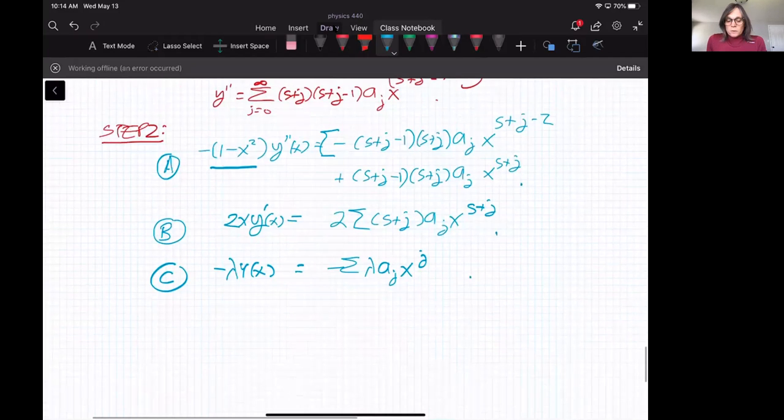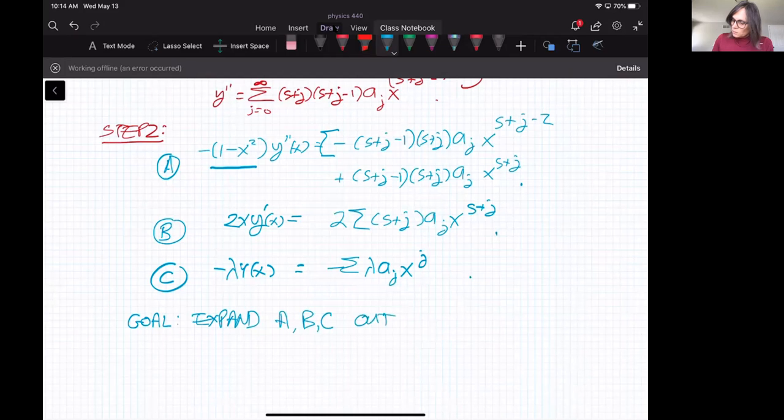And what you're going to do in your groups is make, I suggest, a table, but you don't have to make a table. I want you to expand each of these terms. So your goal is to expand A, B, and C out to x to the s plus 4.